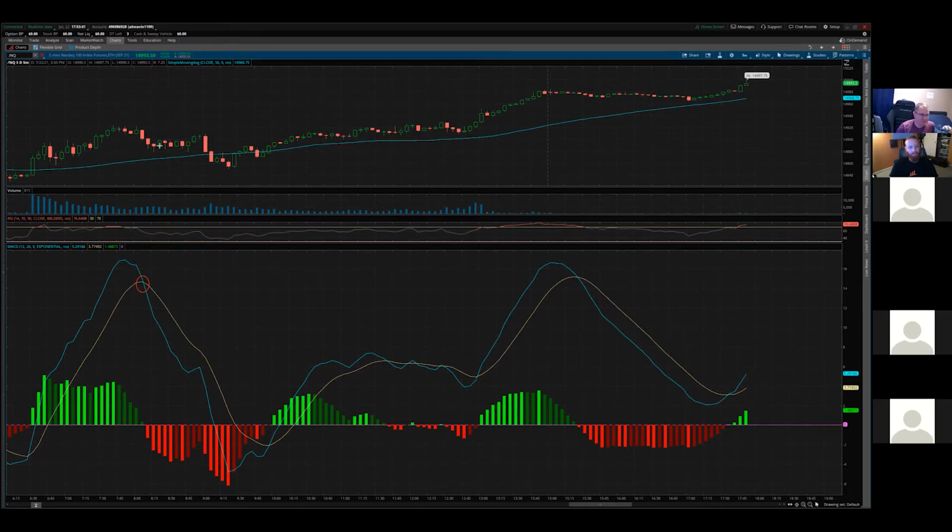Because as you can see, this moving average is still slowly going upwards. However, it has gone up, even though it was right here, it was still showing on this technical indicator that it was going downwards. So that's where things can get kind of choppy with this indicator, but it's still good to confirm.